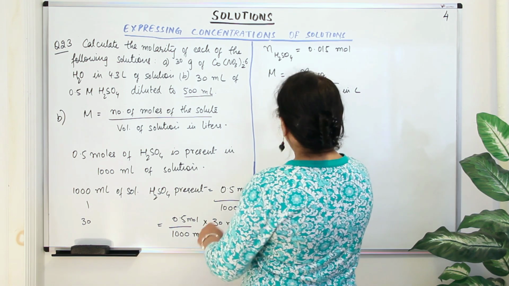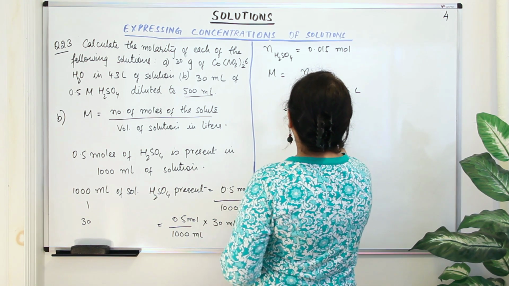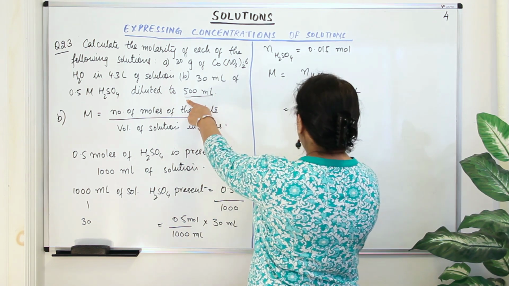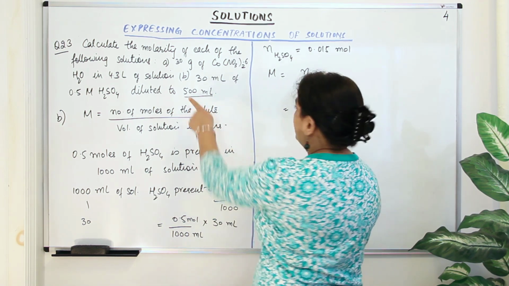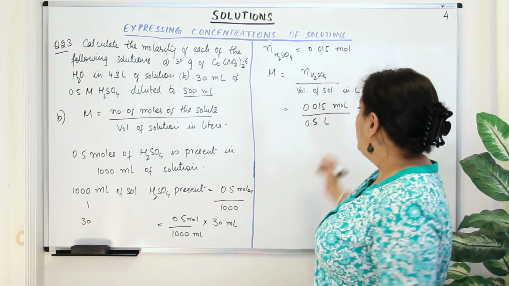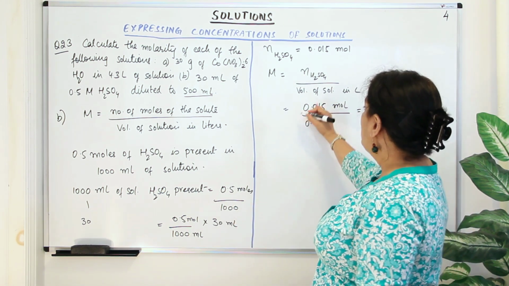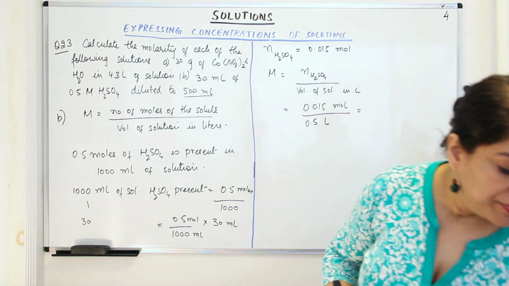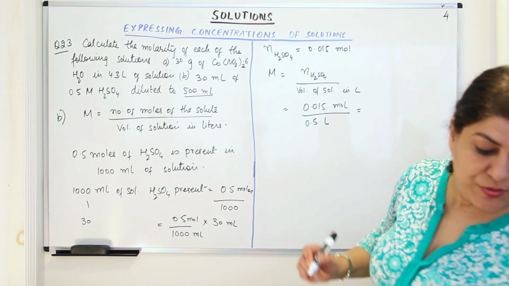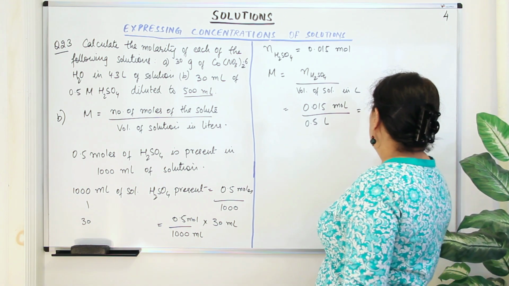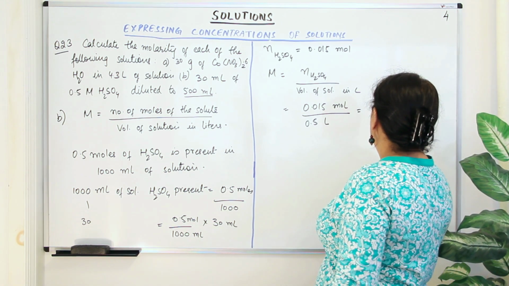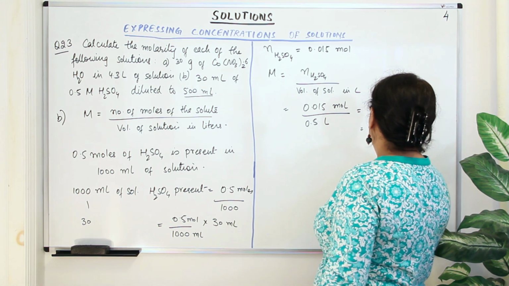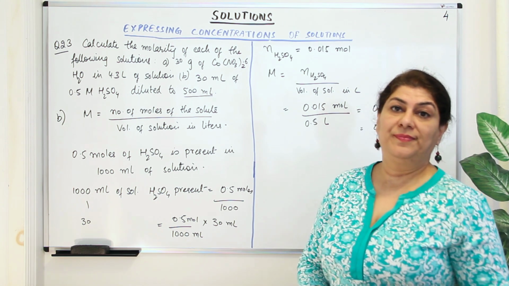So this is equal to 0.015 mole upon volume of solution in liters, which is 0.5 liters. 500 ml is 0.5 liters, and therefore when you solve this, whatever answer you get would be in moles per liter, and the answer that you get here is 0.03 molar solution. 0.03 moles per liter, which is equal to 0.03 molar solution, right?